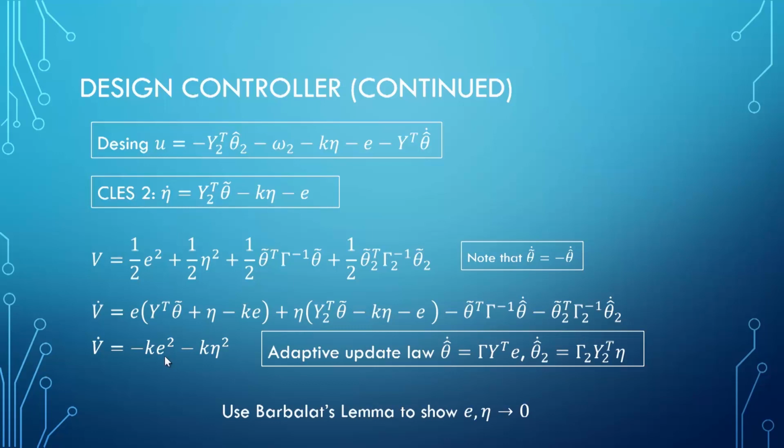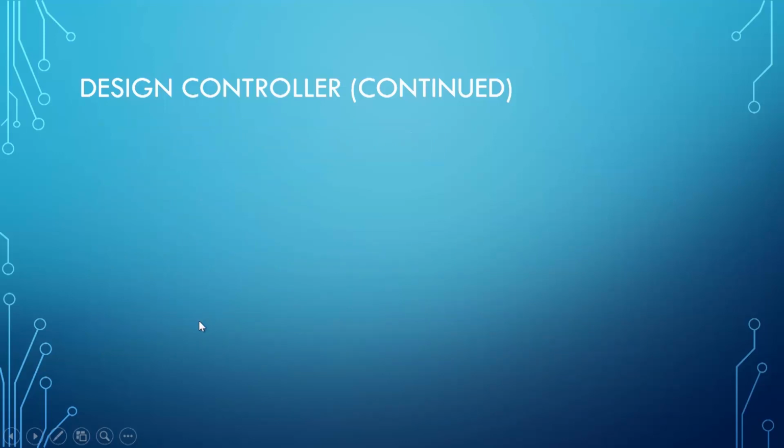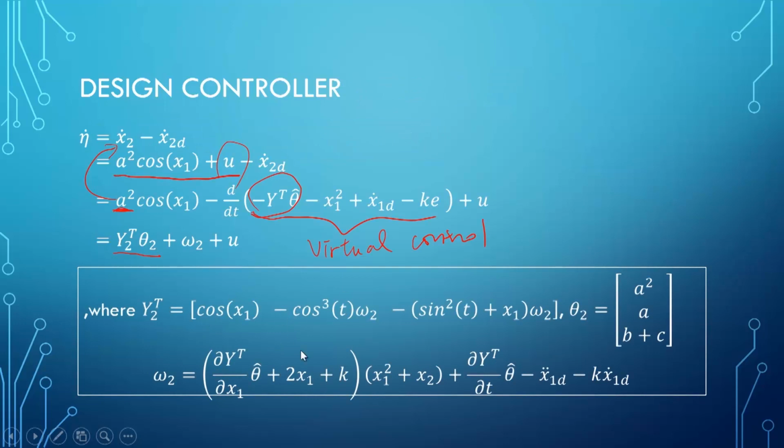Use Barbalat's lemma to show stability. Okay, so pretty much the procedure is the same, right? Except you need to regroup terms that result from the adaptive terms, okay, in the second system, right?